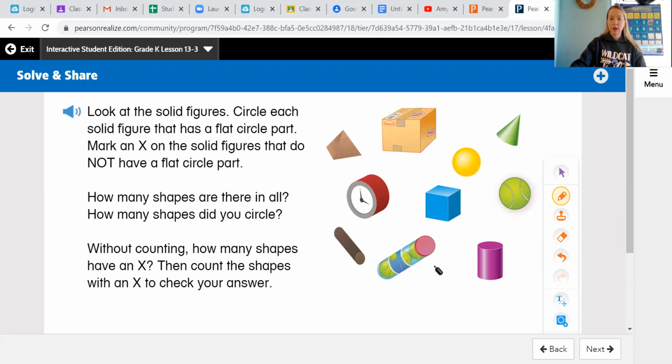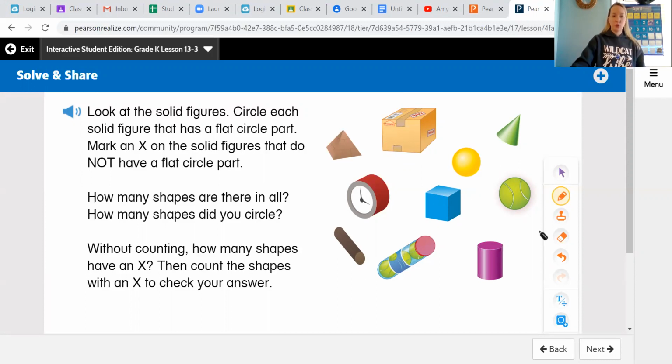So we have 4 objects shaped like cylinders, 2 shaped like cubes. This one's actually a rectangular prism, but we can call it a cube. Pyramid, cone, and 2 spheres. So we need to find out which solid figures have a circle as a flat part of it.